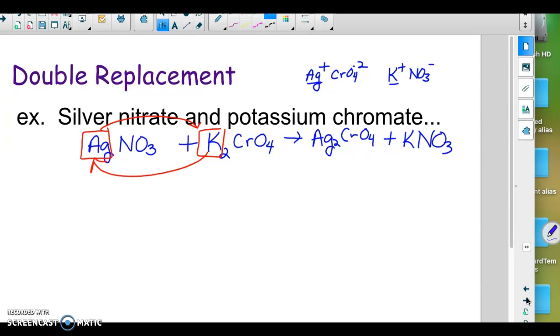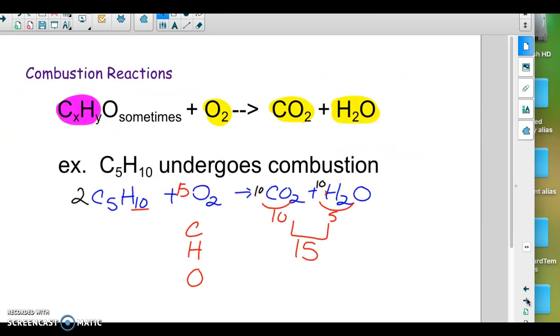You can see that I don't bring the subscripts with, unless it's part of the polyatomic ion. Then I look at charge and rewrite those compounds after those ions have switched. So that's double replacement.